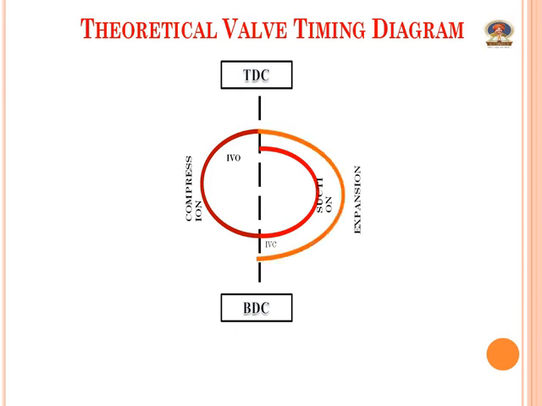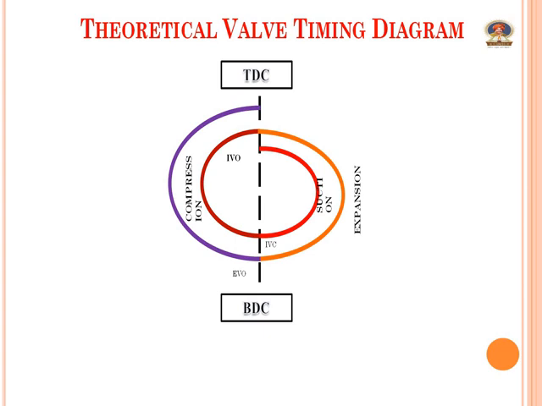the expansion stroke. At the end of expansion, the exhaust valve opens for sweeping out the burnt gases from the cylinder, and after that the piston moves from BDC to TDC.